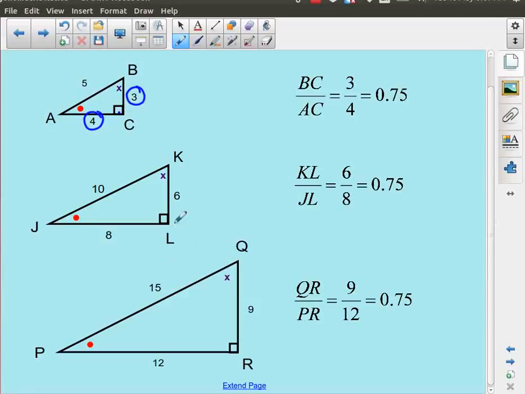So these triangles are all oriented the same way. So this vertical side you can see between 90 and the X is this side. So what if I do that same ratio? So the vertical side, the way they're oriented, 6 divided by 8.